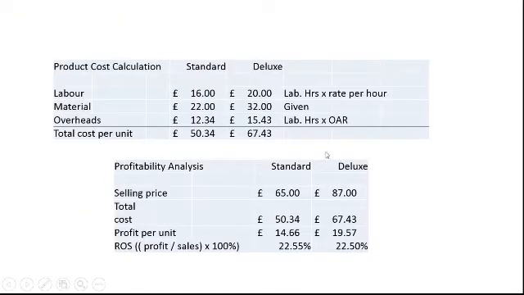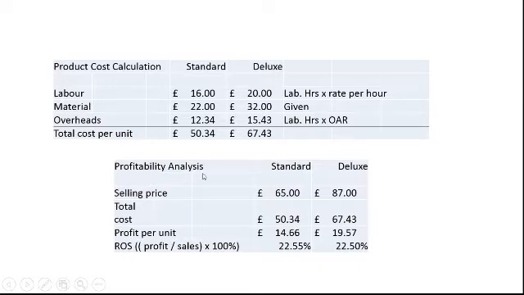So 6.17 times 2 gives us 12.34, and similarly 6.17 times 2.5 gives us 15.43. So we add them and the total cost per unit is 50 pound and 34 pence, and for deluxe it is 67 pound and 43 pence. So that's the per unit cost for standard, and that is the per unit cost for deluxe.